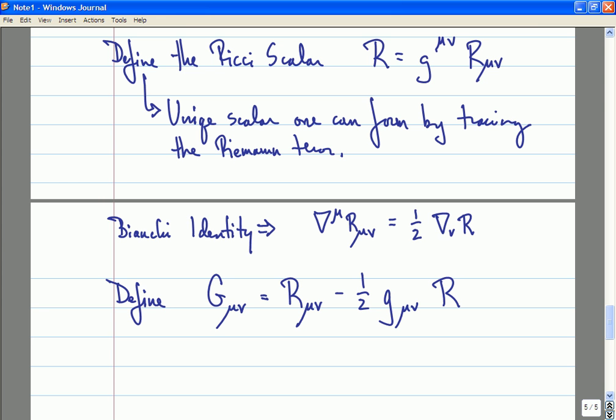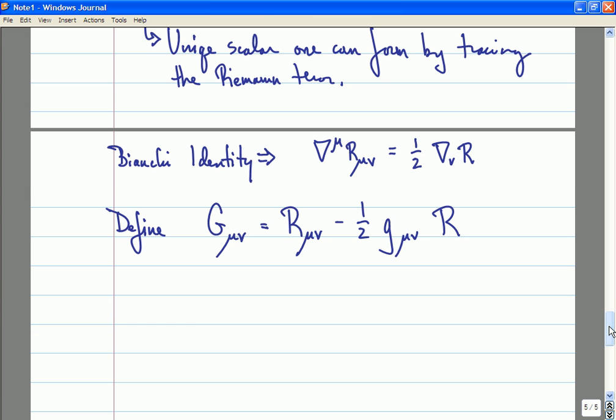So this is a linear combination of the metric and the Ricci tensor, which has a very interesting property: if you take the derivative of this tensor G mu nu and contract one of the indices of G mu nu with the index of the derivative, you get 0.